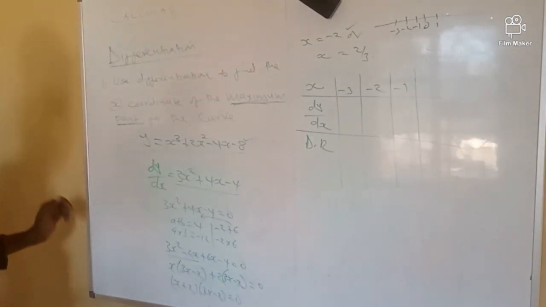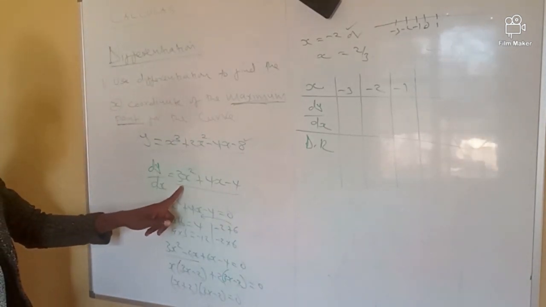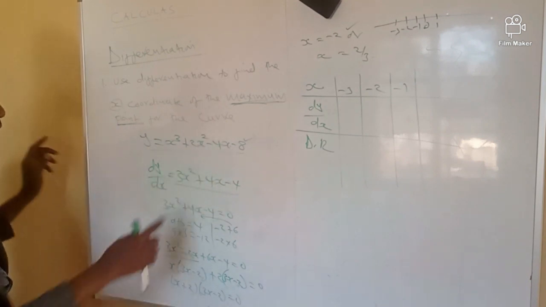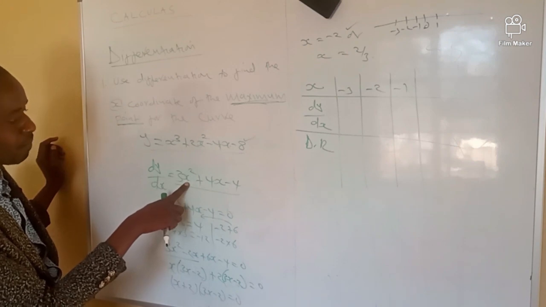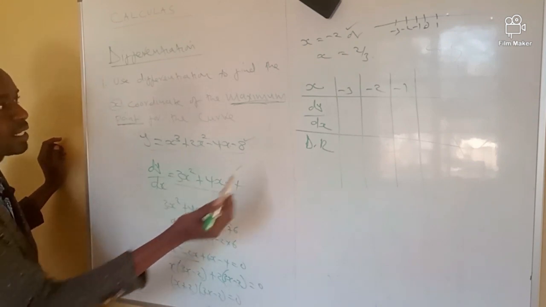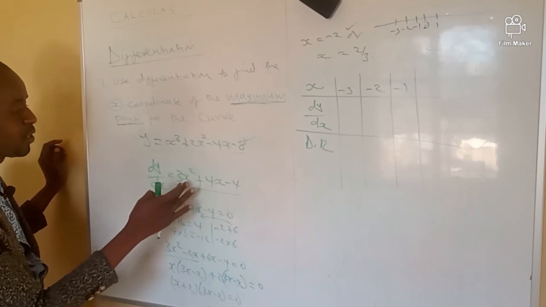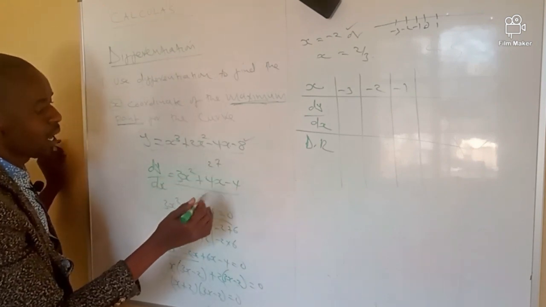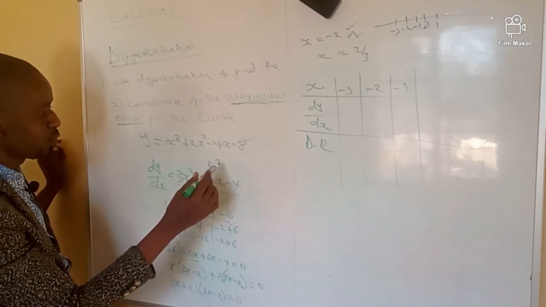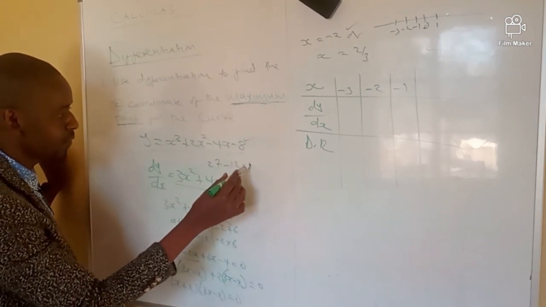So can we now use the dy over dx to get the value of dy over dx when x is -3. Substituting when x is -3, that's going to be 9. 9 multiplied by 3 is 27. 4 multiplied by negative, that is going to be -12 minus 4.